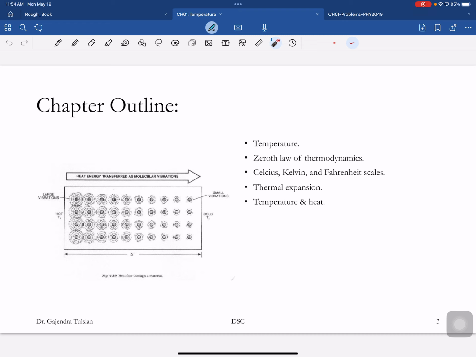You can come back 3 years from now, and that atom will still be there. But when this end is hotter, these guys vibrate with greater amplitude. When this end is colder, these guys are vibrating with a smaller amplitude.